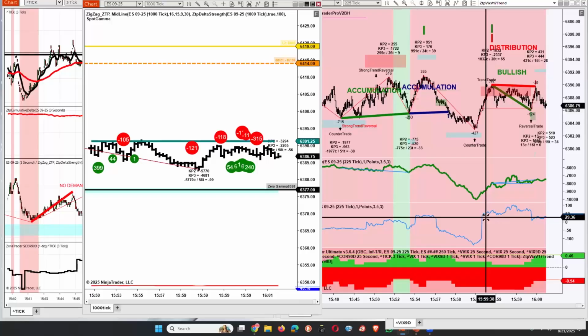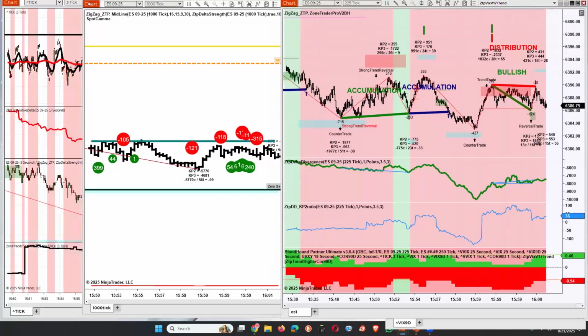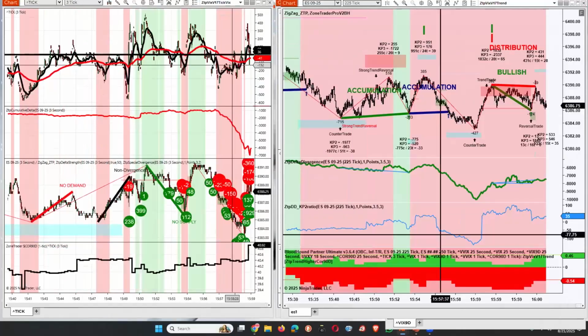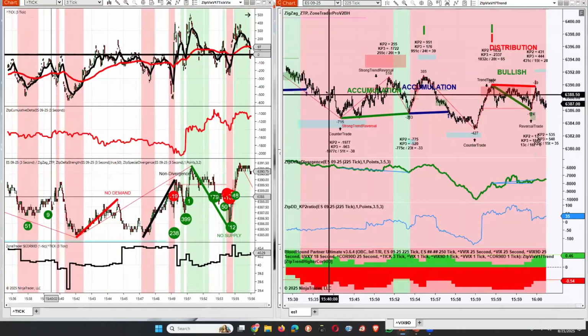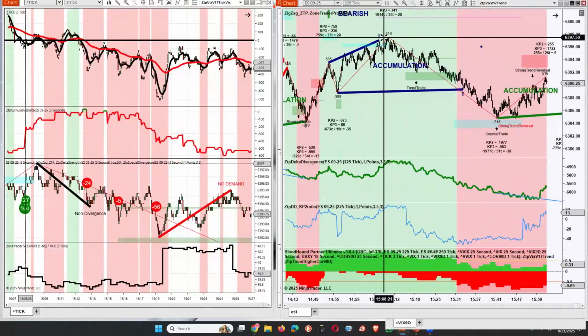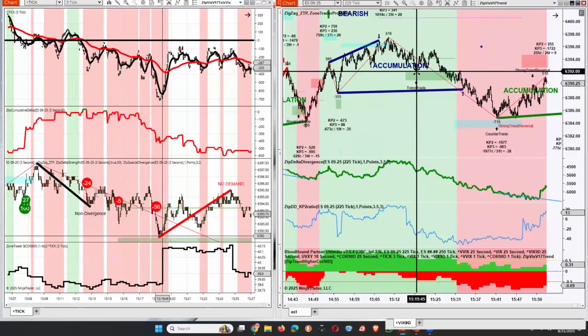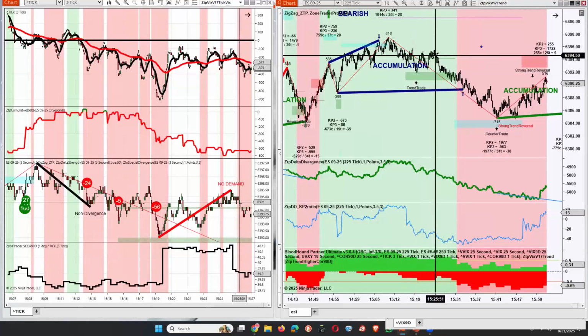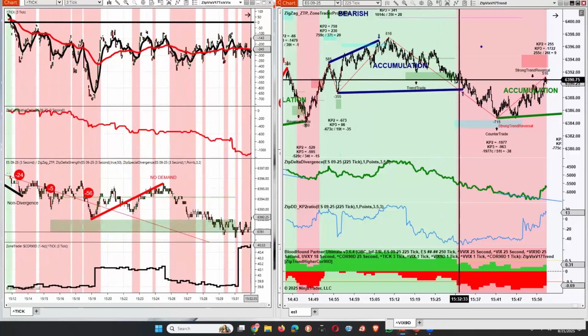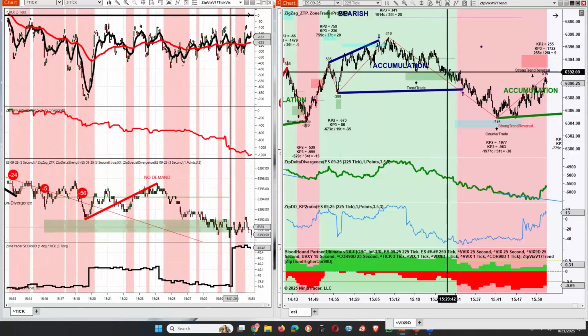What is cool about this is I can take you and say, hey, look what happens when you have a trend trade, even though the VIX is green, but your $ tick is red. Look what happens. And we can load up 14 days and we can see that that ain't gonna work.